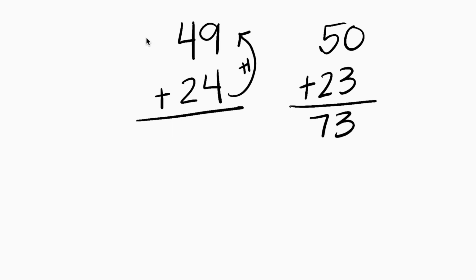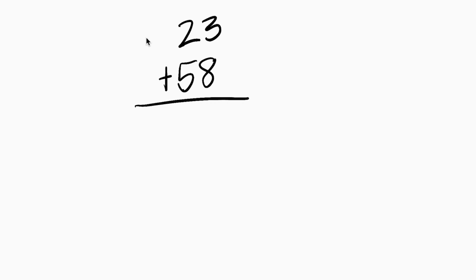Now, so far, we've only borrowed 1 from the other number. We've taken 1 and then added it to the other one, but it can be more than 1. It doesn't have to always just be 1 away from the next 10. Let's try one that's a little bit different. So right here, I have 23, and then I have 58.